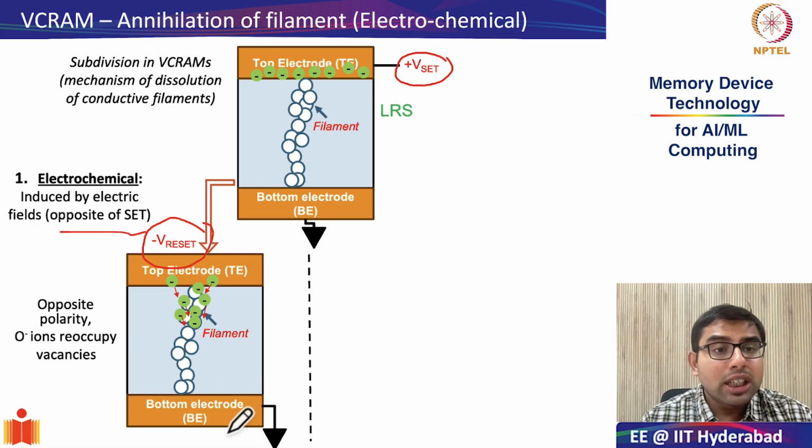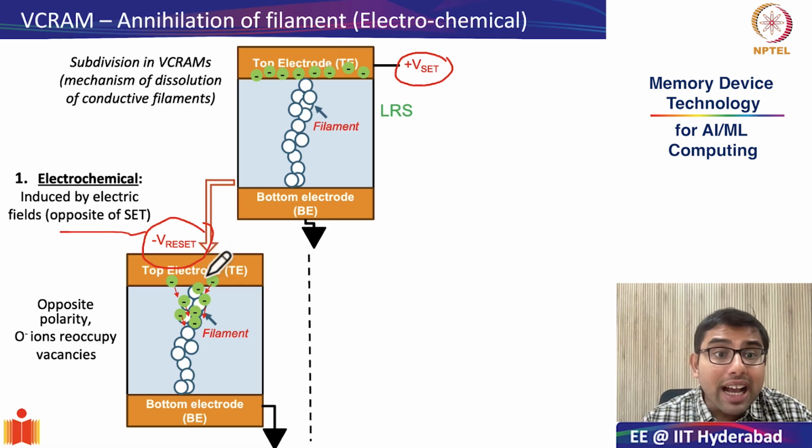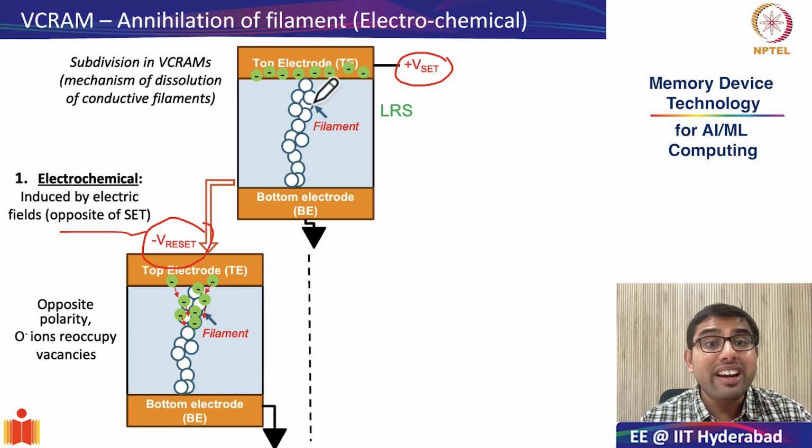So what happens? Imagine if you apply a negative bias at the top electrode, all the negatively charged oxygen anions will now start moving away from this electrode. Not only they will start moving away from the electrode, they will go and reoccupy or refill the vacancies which were once created during the set cycle or during the forming step.